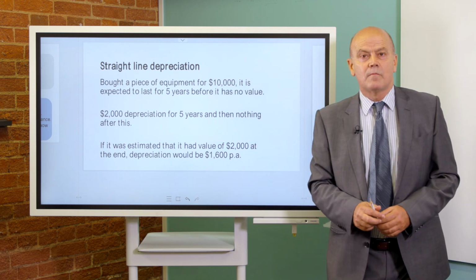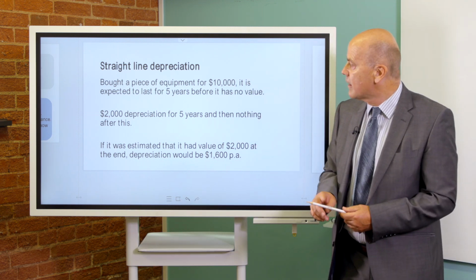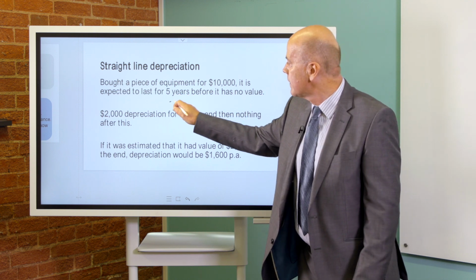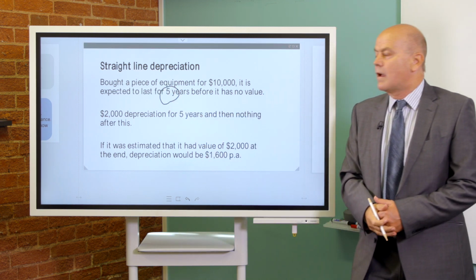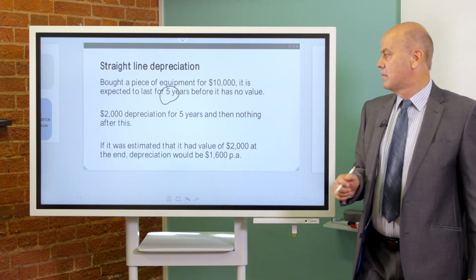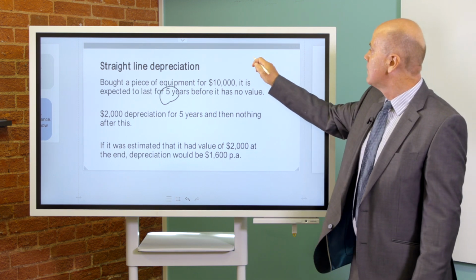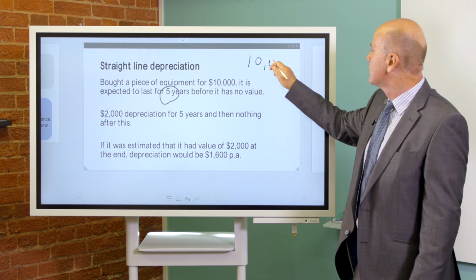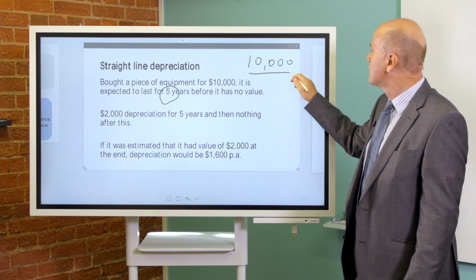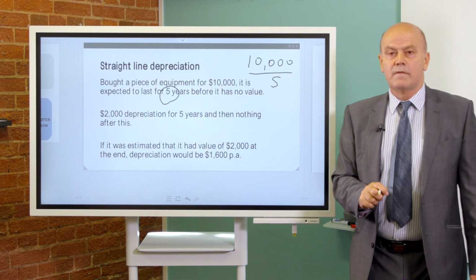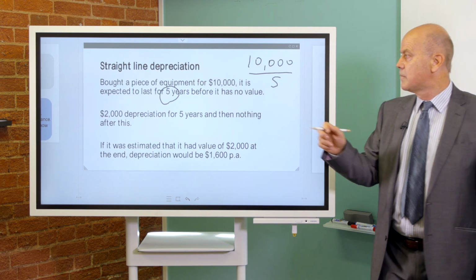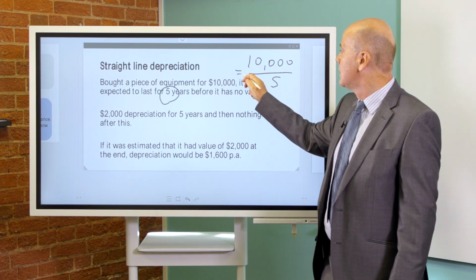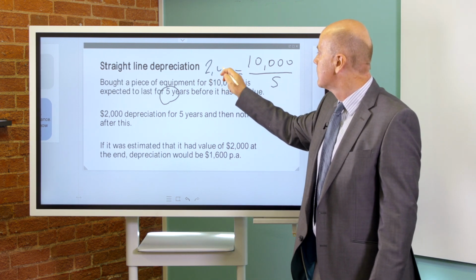A piece of equipment was bought for $10,000 and we think it may last for 5 years. So how do we depreciate that, or how do we calculate it? So it's $10,000. Has a life of 5 years, so we're going to take about $2,000 a year in depreciation.